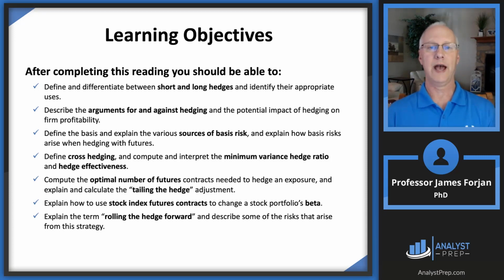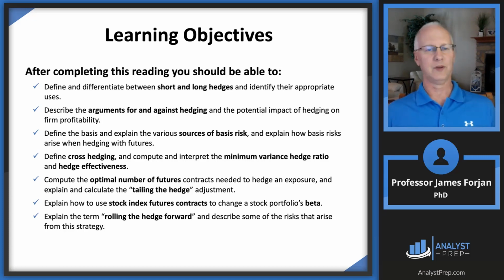We're going to take a look at the difference between short and long hedges. We're going to argue for and against hedging, talk about basis risk. Of course, we always have to talk about basis risk. And then we're going to define cross-hedging and the need for some kind of a hedge ratio. And as in lots of instances in finance, we're going to try to find the hedge ratio that has the minimum variance.